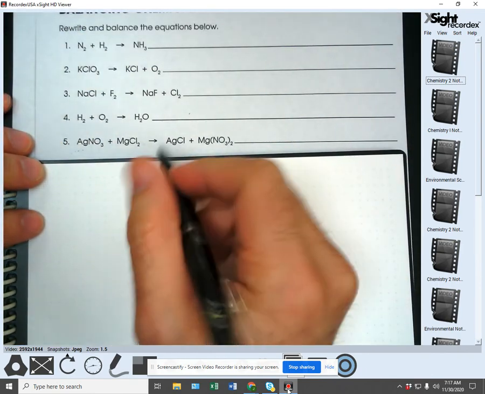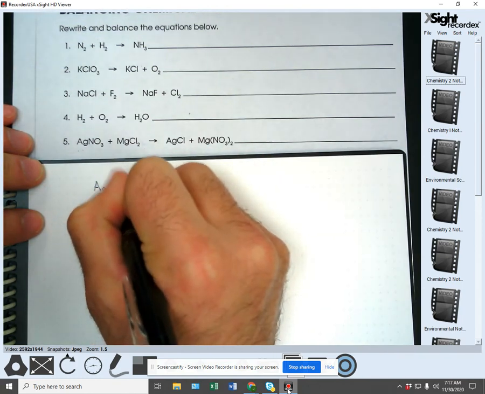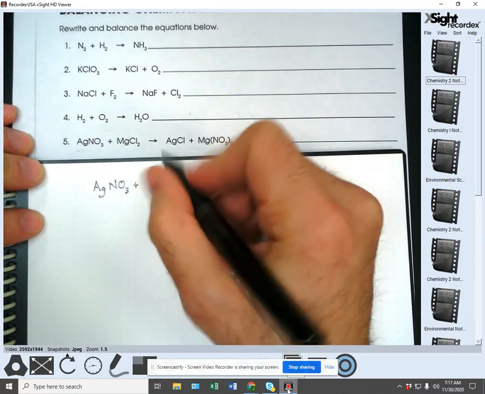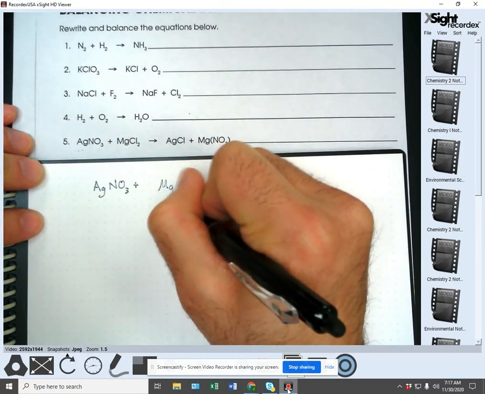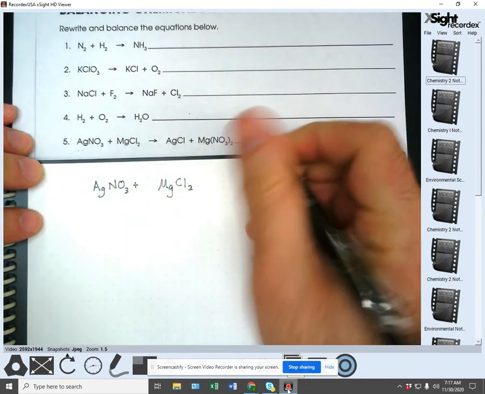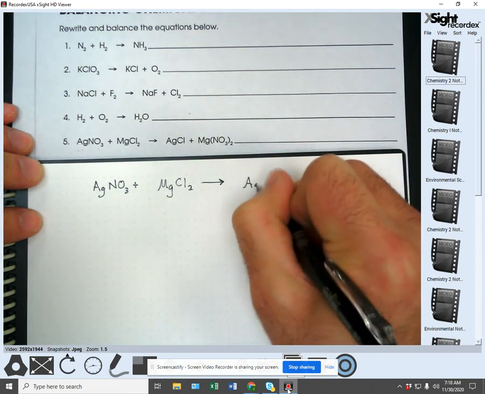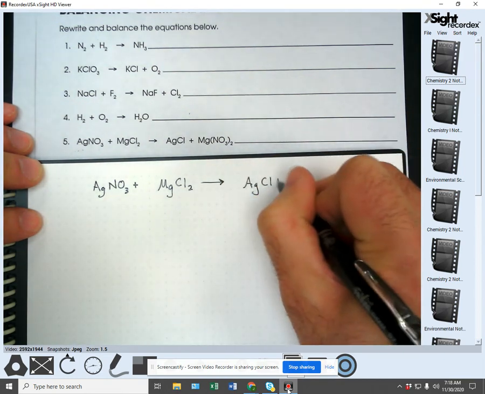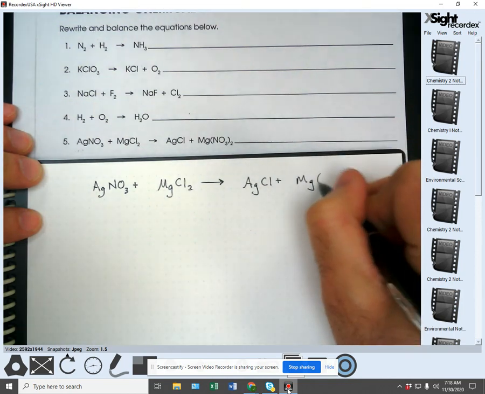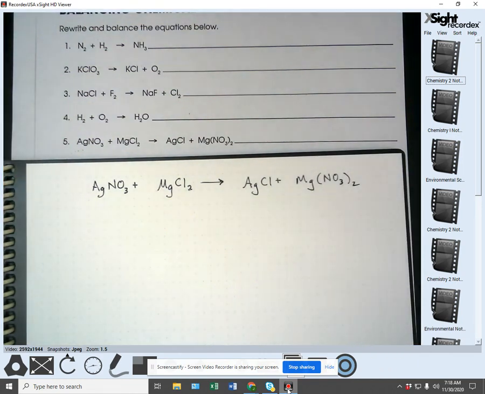So I've got AgNO3 plus, and I'm leaving a little space in front so I can put my coefficients if I need them there to balance. MgCl2 yields AgCl plus Mg(NO3)2.